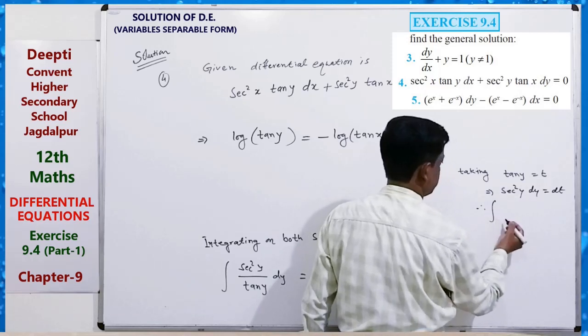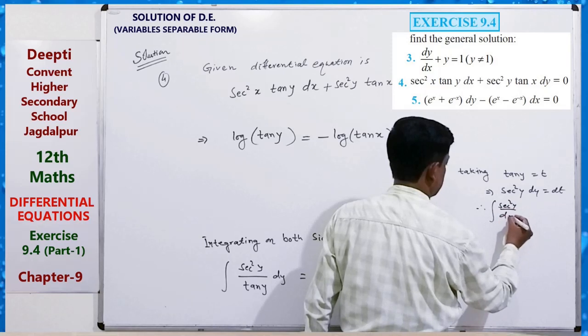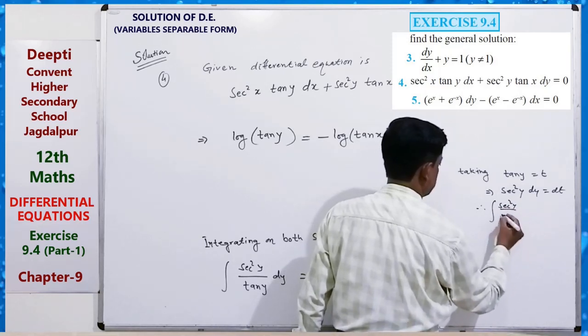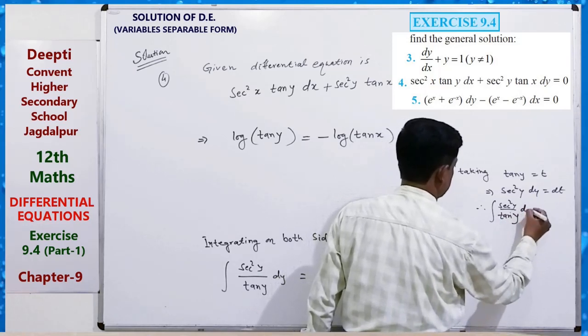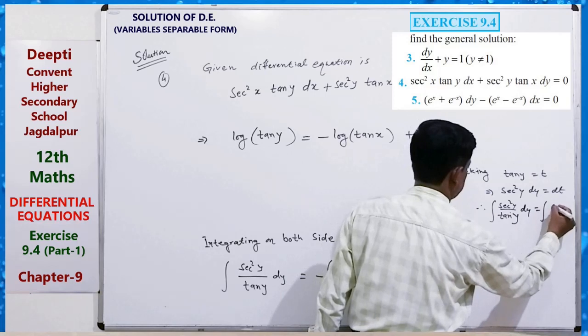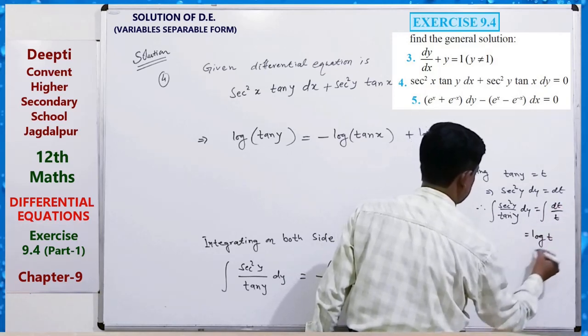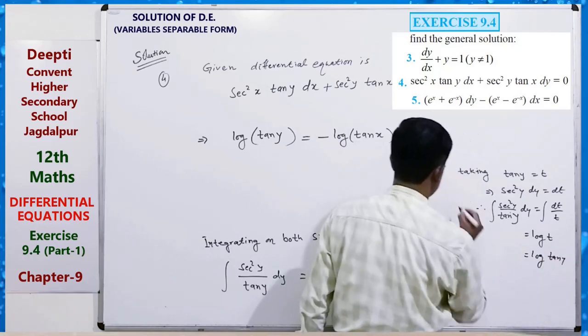Therefore, integration of sec square y upon tan y dy equals to integration of dt by t equals to log t equals to log of tan y.